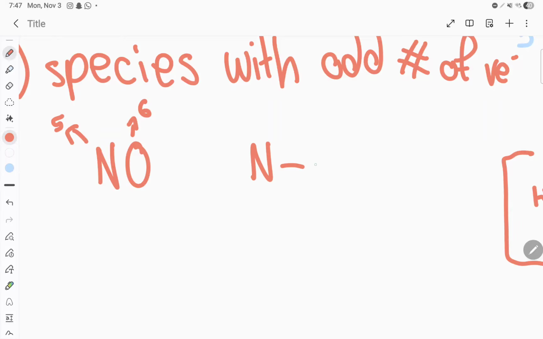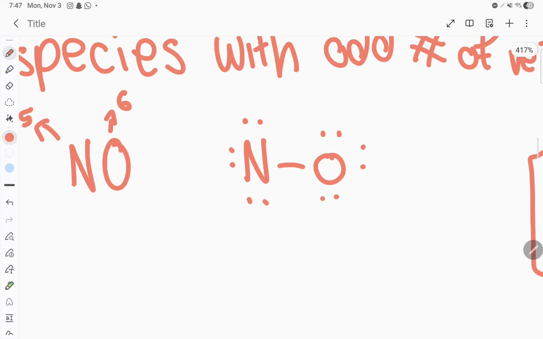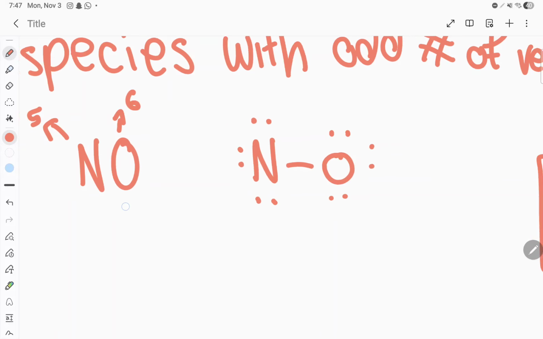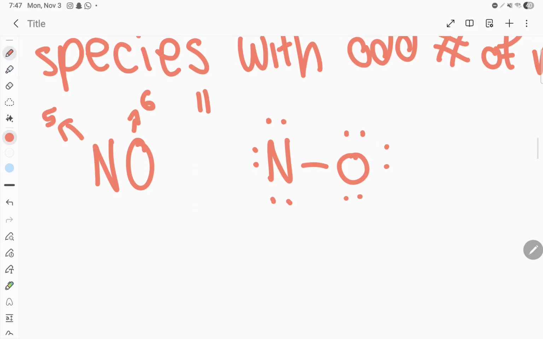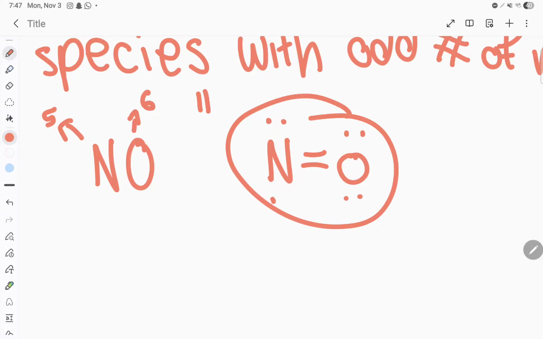Now when we try to draw it, now we have 8 on this one, 6 on this one, we have 14. We need 11. So we need to remove 2 from here, 2 from here, add a double bond. We still have 12. So what you're gonna do in this case is remove an electron from N. And this is one of your exceptions.